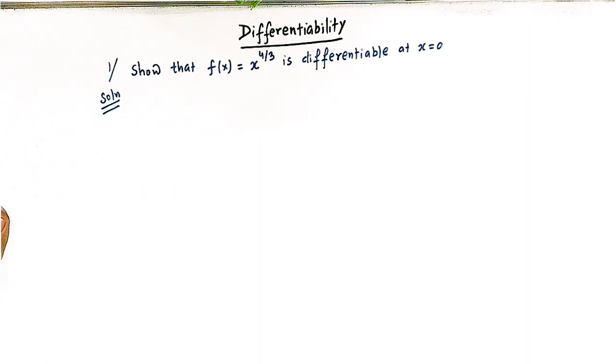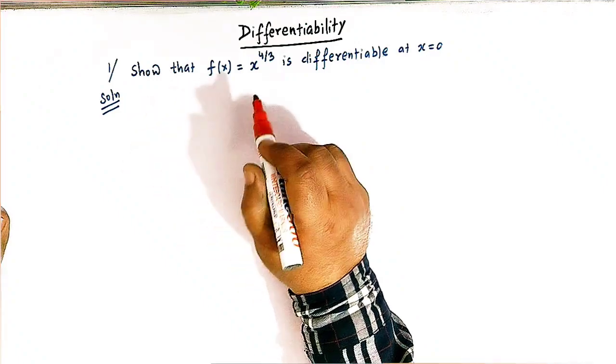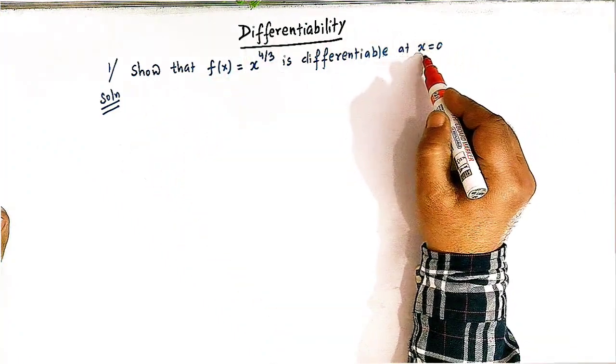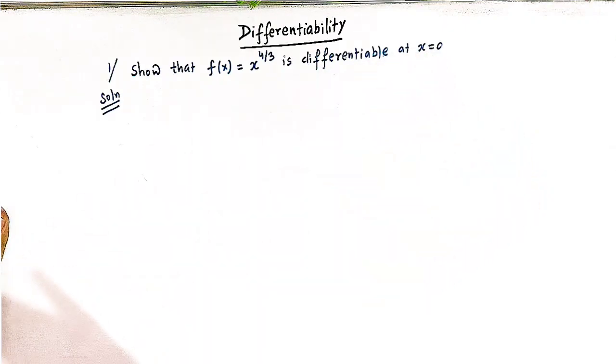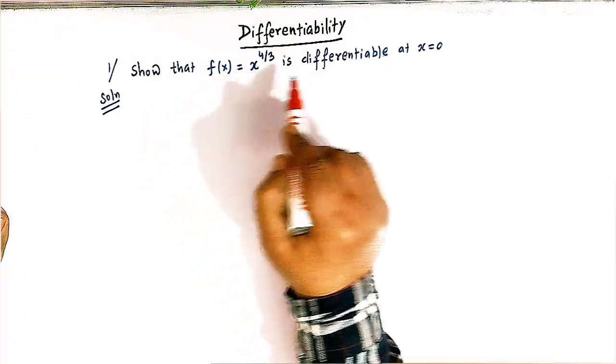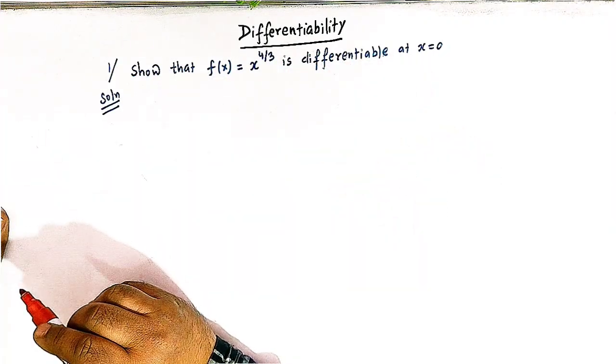So here we have to show that the derivative of this function at x is equal to 0 exists, right? Because we are to show that this function is differentiable at x is equal to 0.